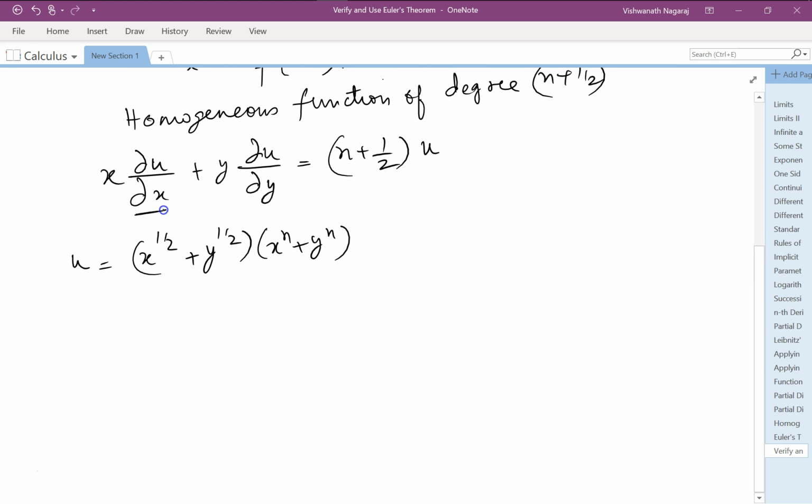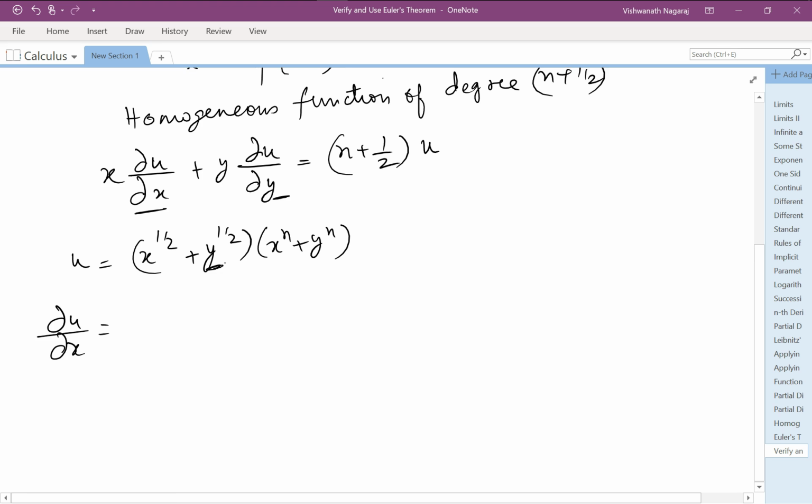Now here we have to first find dou u by dou x, then dou u by dou y. Okay, dou u by dou x is equal to what? We have to apply the product rule.